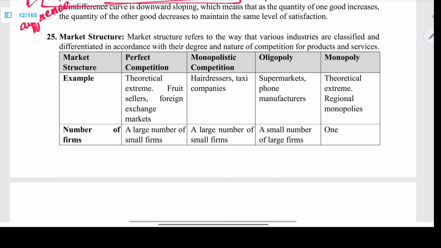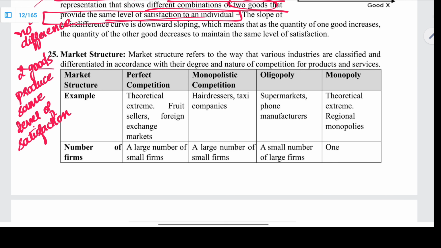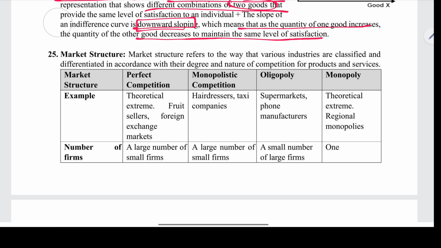This occurs when the two goods produce the same level of satisfaction, which means that as the quantity of one good increases, the quantity of the other good decreases to maintain the same level of satisfaction.